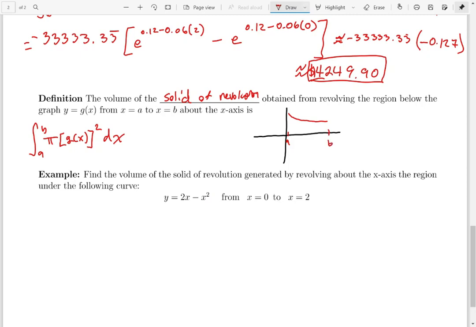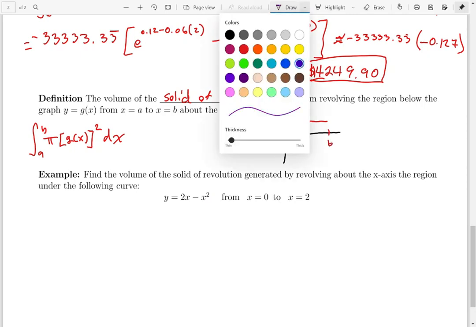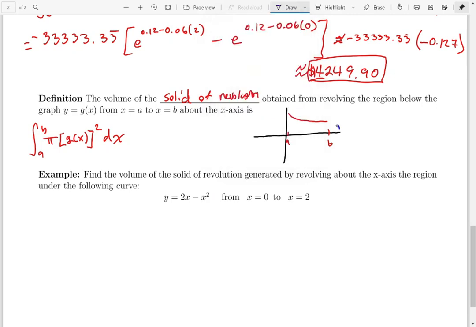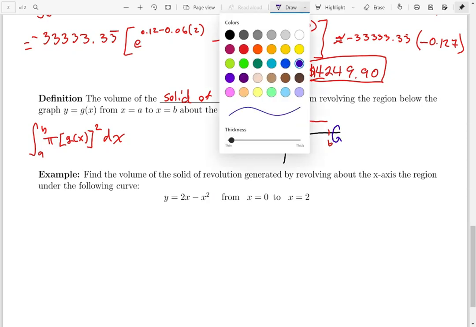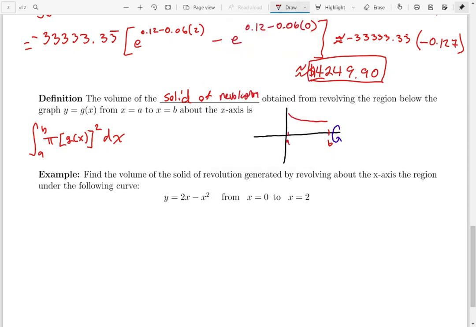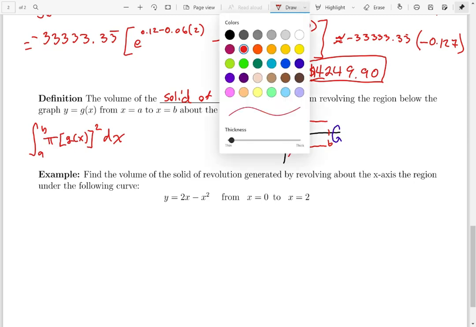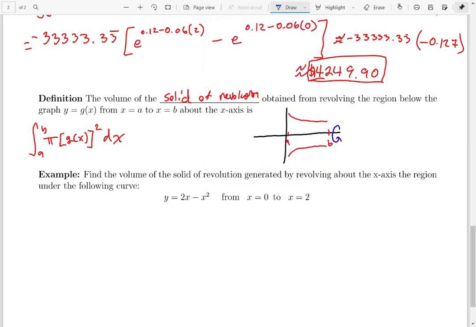Well, when we say this thing is spun around the x-axis, what actually happens? Well, if you were to spin this, then you would get a mirror image down below. And you have to pretend that I'm actually getting the correct mirror image. And then the solid of revolution that we actually get looks like what?